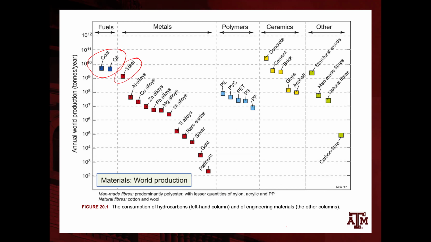Let's go back. Yes. So of course, concrete and steel: if we try to guess which materials we are producing the most, concrete and steel will definitely be our candidates, just because of how versatile they are and how many applications we are using them in. It's really the bread and butter of infrastructure and advanced society.